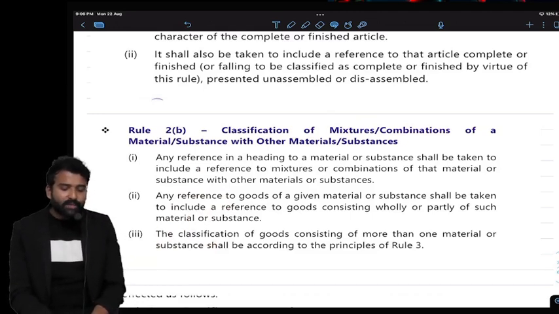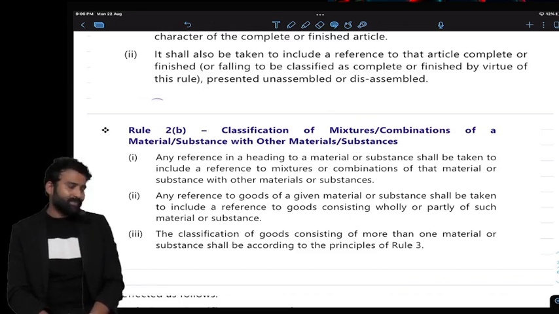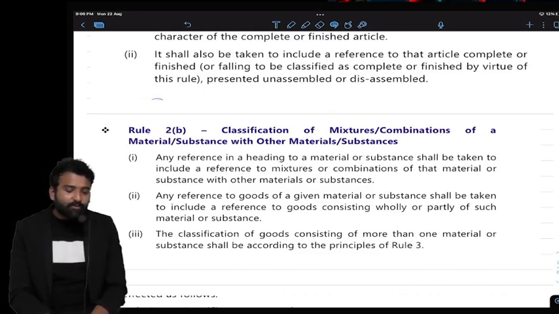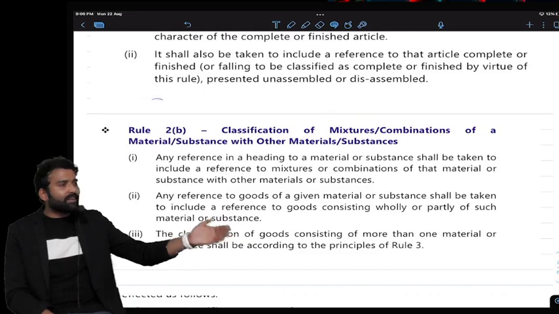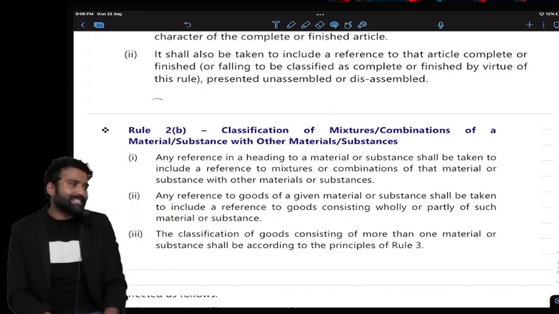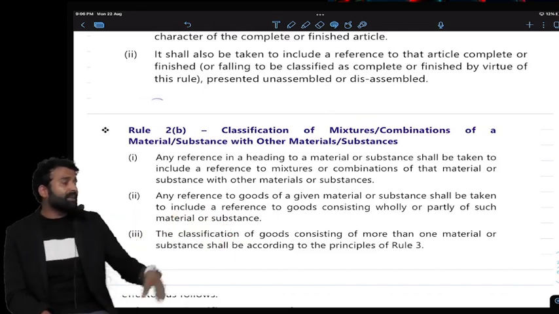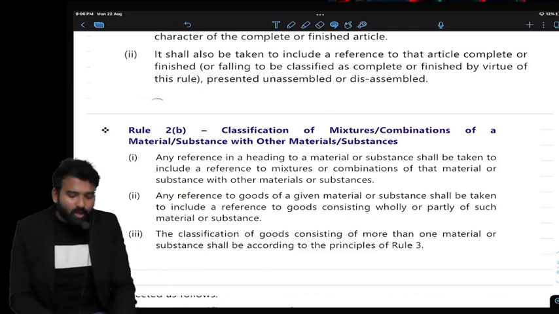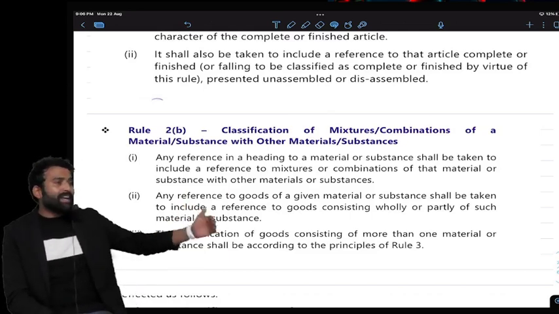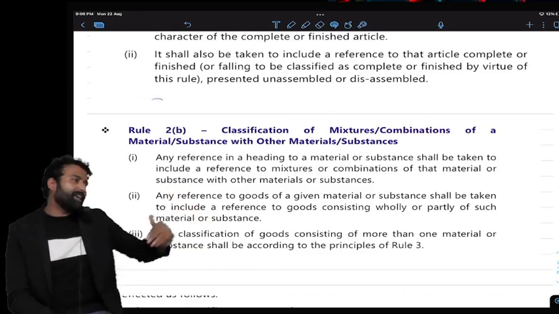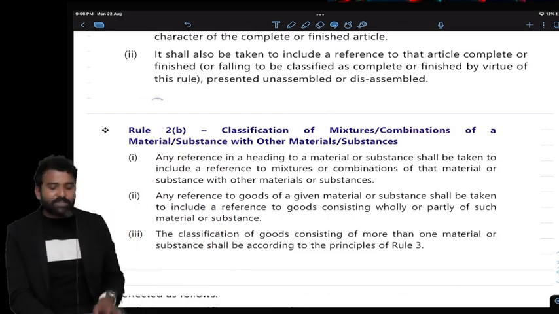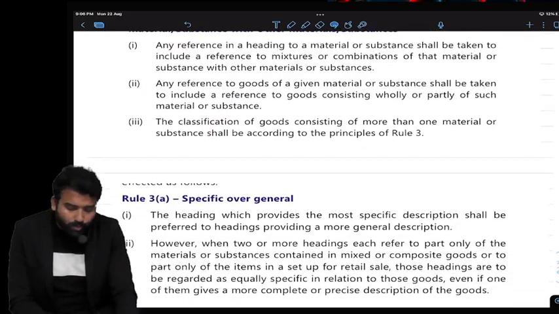Very important, वो chemical which is giving the essential character, the chemical which is more important, the chemical which is giving the essential character should be treated as the chemical. तो ऐसा chemical अगर मैं mixture import कर रहा हूँ तो मुझे ऐसे chemical पे जाना है जो कि सबसे important है उस mixture के अंदर, उसे मैं classify कर सकता हूँ. That is given in rule 2b.